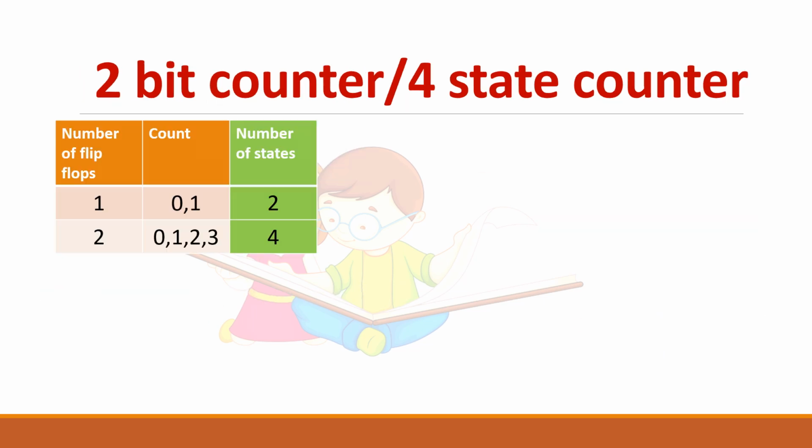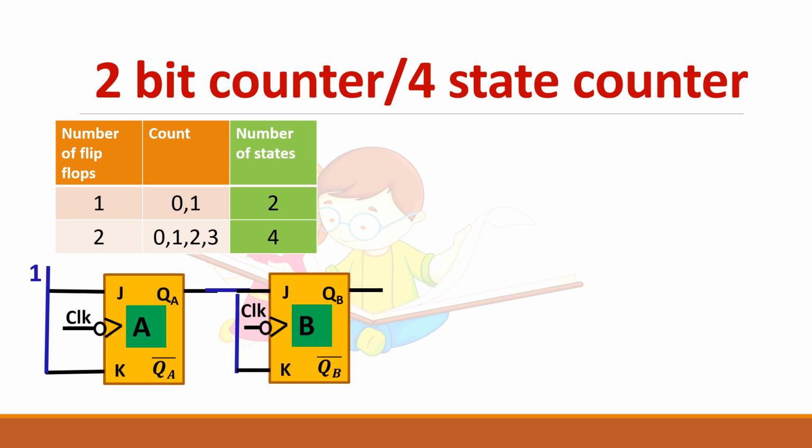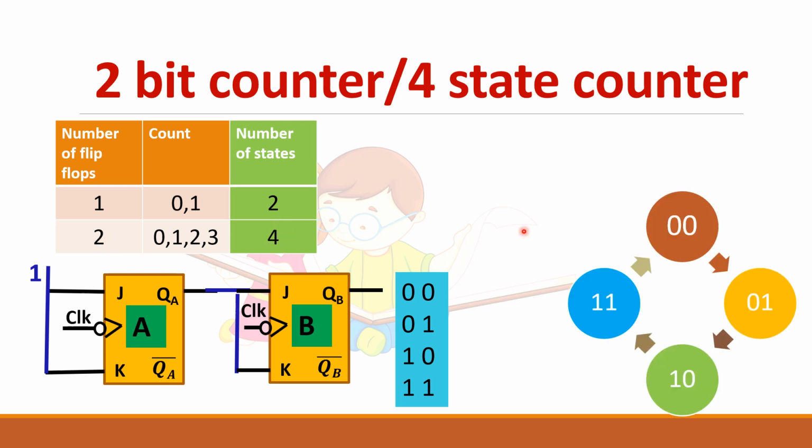Suppose I have two flip-flops. With two flip-flops, you will get four combinations: 00, 01, 10, 11. So I can say that with two flip-flops, I can get four states. So four states are there for this counter.